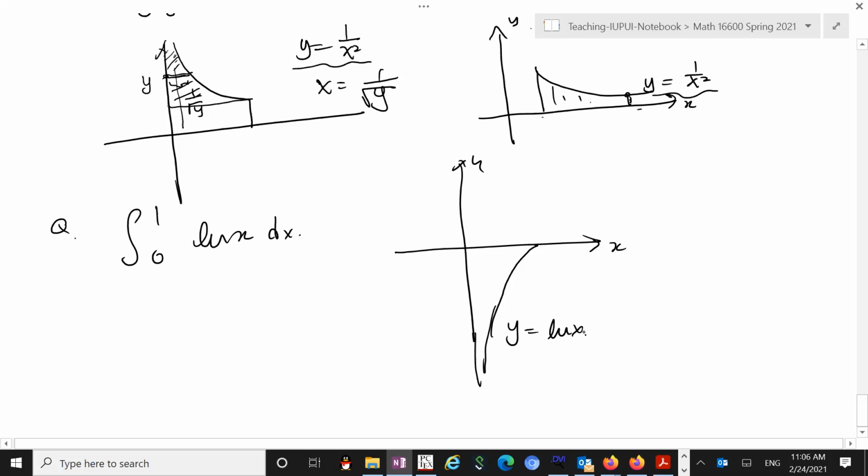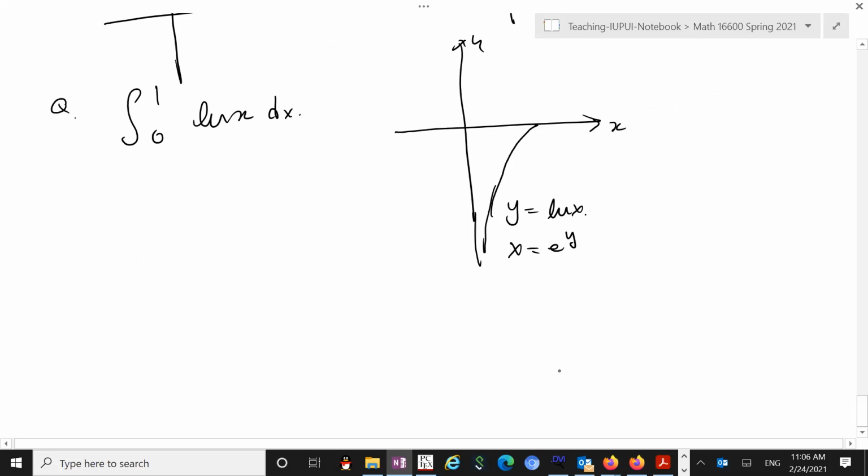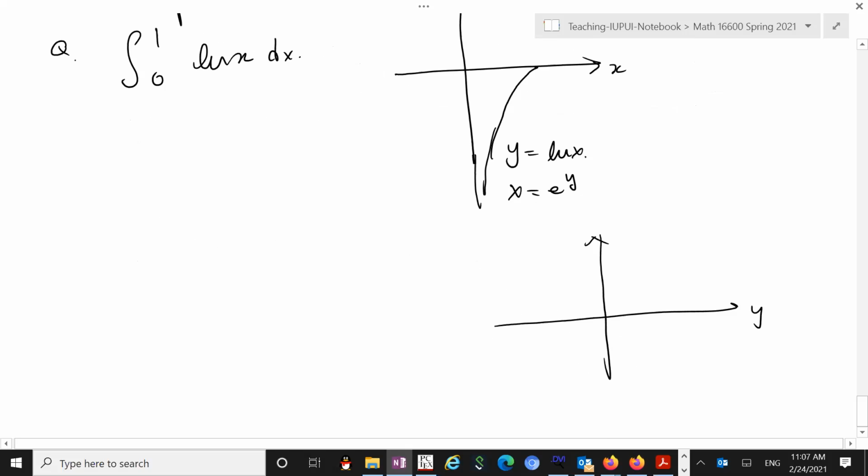So x is e to the y. So the corresponding picture here, if you draw the graph like that, this is the y-axis, this is... how can I say?